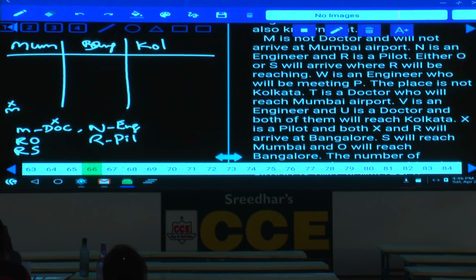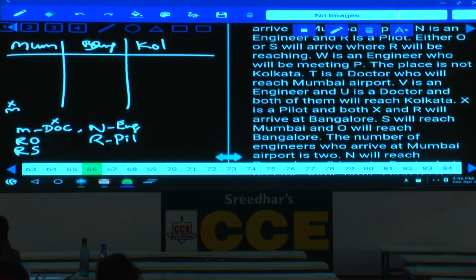Either O or S will arrive along with R, and the other will remain. W is an engineer. Now what is the information here? W is an engineer, and who will be meeting P? That means W and P must be together. W and P are reaching the same airport, and the place is not Kolkata, so W and P cannot be at Kolkata. Done with this?